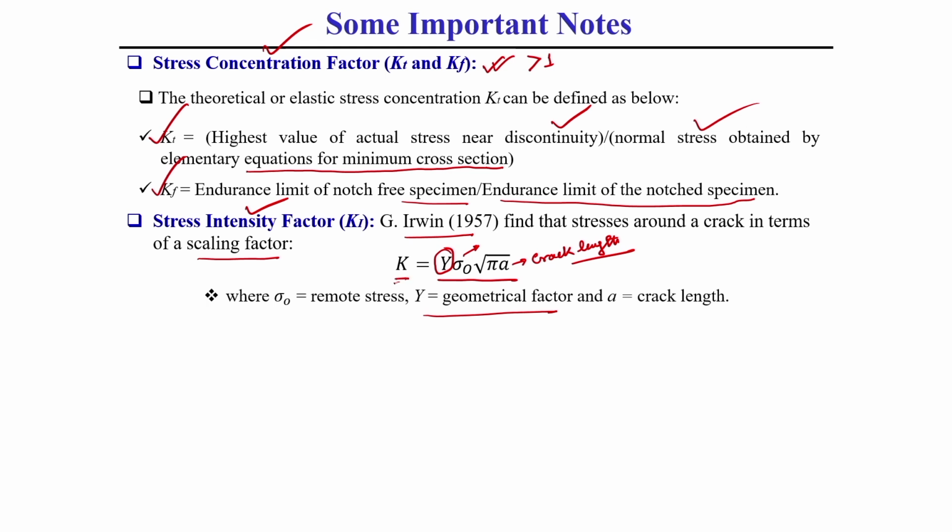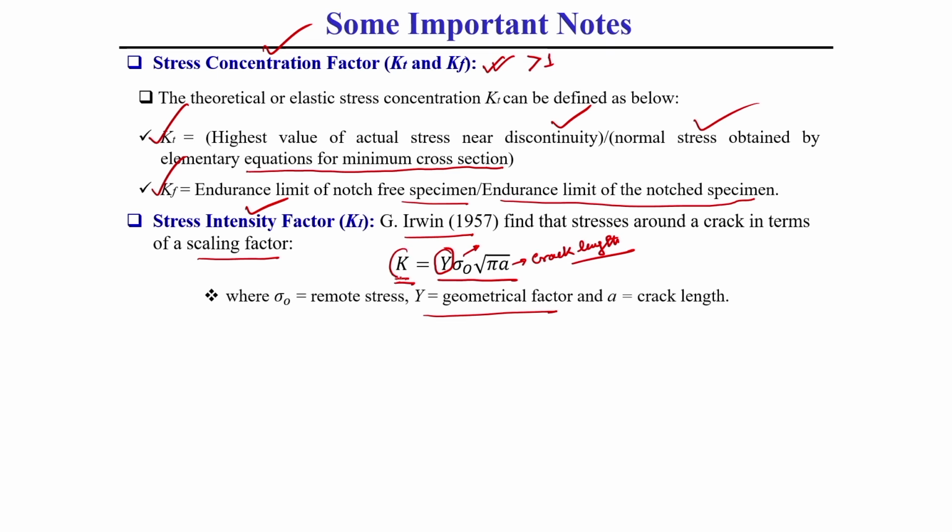Now, this stress intensity factor depends on different types of loading. In fracture mechanics you can observe three different types of loading. One loading type is tensile in nature, which is the opening mode, another one is called the shearing mode, and another one is called the tearing mode. For these three different modes, the stress intensity factor is also different.